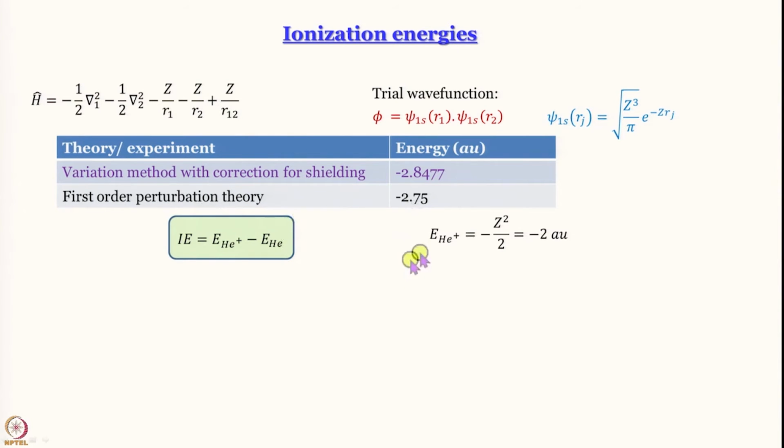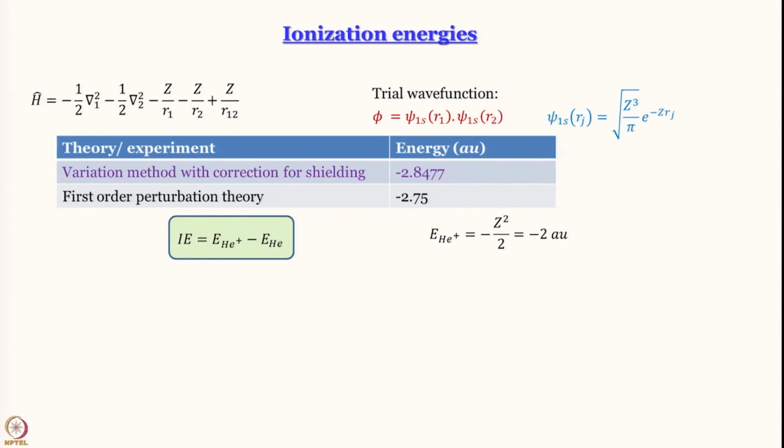Now, energy of helium plus is very easy to calculate, because helium plus means it is a 1 electron system, right. 1 electron system will have an energy of minus Z square by 2, where Z is equal to 2. Okay. There is no question of effective nuclear charge anymore, there is no question of shielding, there is only 1 electron. So, it feels the entire nuclear charge that is there.